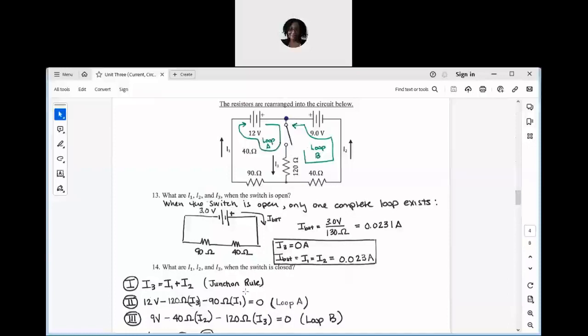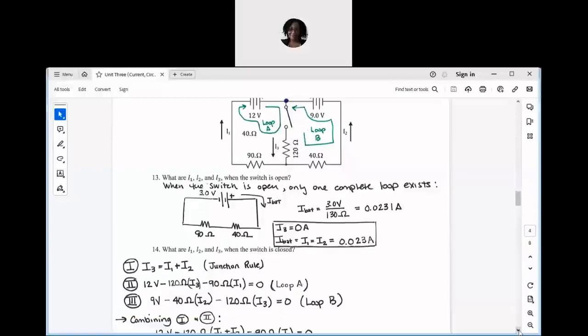So I have a negative 120 ohms times I3. Getting to the 40 ohm resistor, now I'm moving with the current, so this is going to be I2 times 40 ohms, subtracting. I don't know why I wrote those in the opposite order there, but the point is that the 9 volt is the only positive delta V. The other two are going to be negatives.